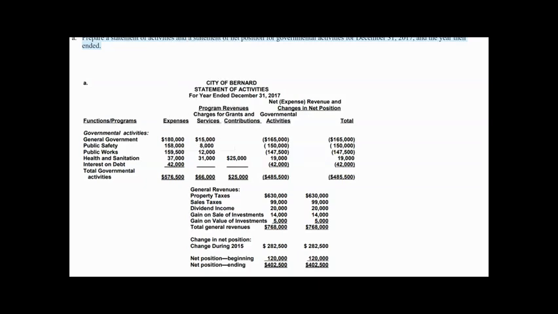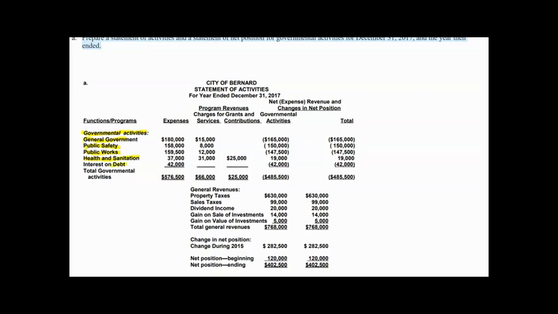So this is what the statement looks like. Under functions, we have governmental activities, and this government has four functions: general government, public safety, public works, health and sanitation, and also some expenses related to the debt.